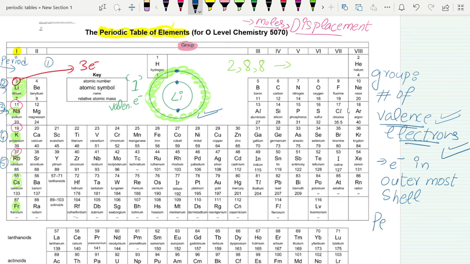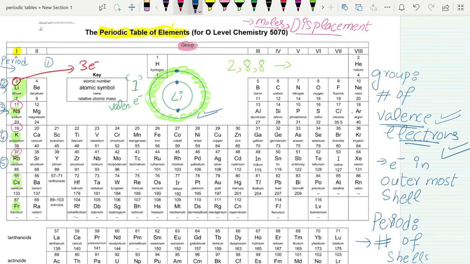The period tells us the number of shells. We already know the shells are the places where electrons are rotating. Electrons move in this shell, and electrons move in this shell.